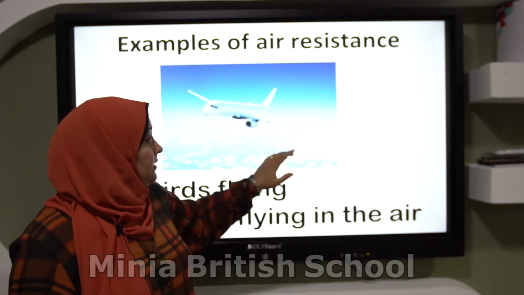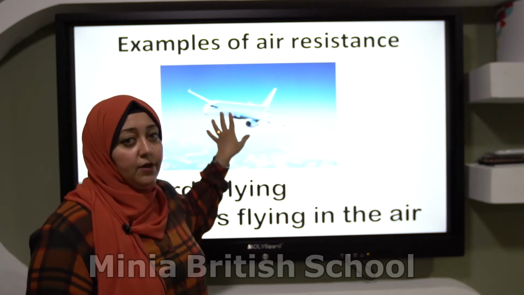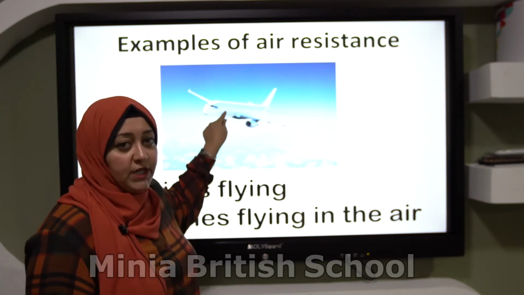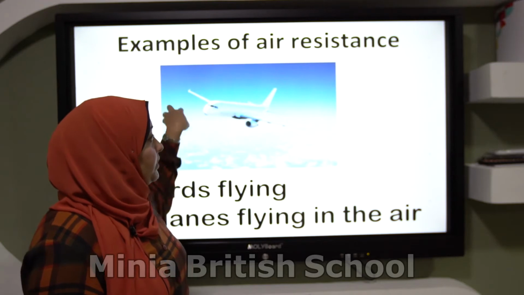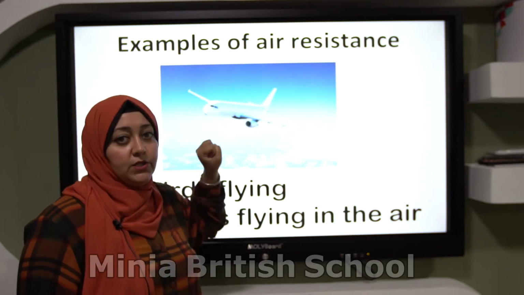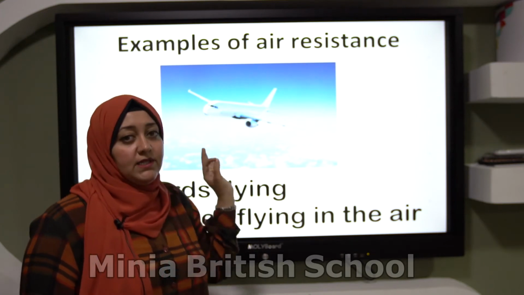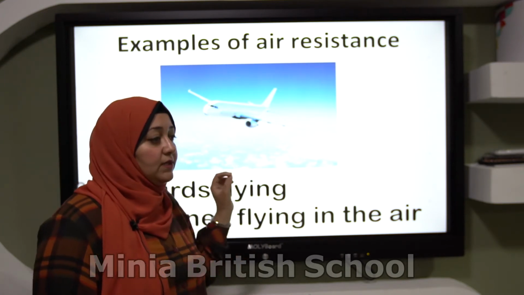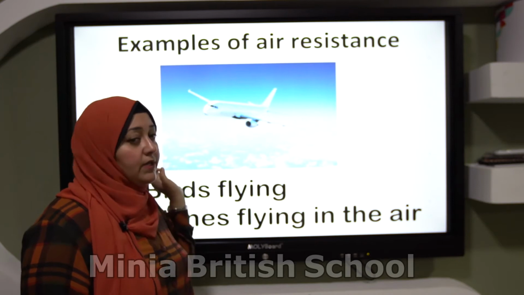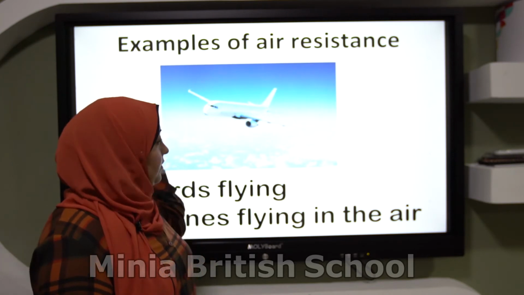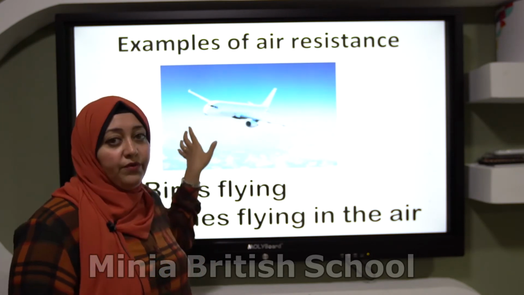There is a friction force now between the solid object and the air which surrounds this object. And this friction force, the air resistance, will be in the opposite direction of the moving plane.